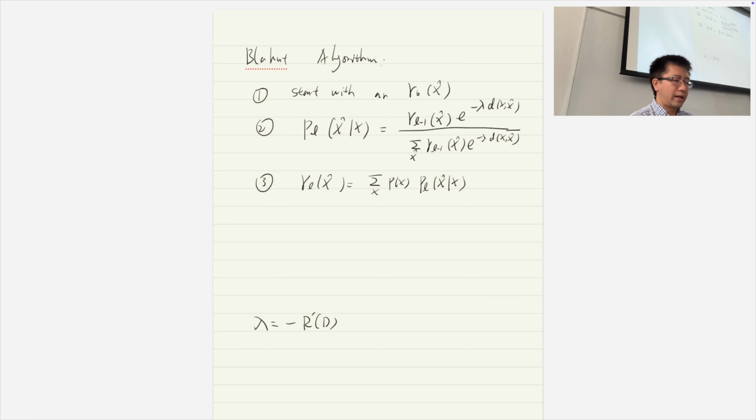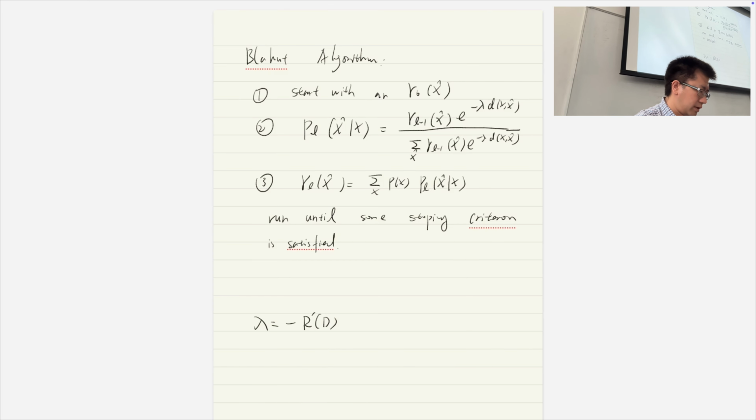And then we're going to run this algorithm until some criterion is satisfied. Normally, we run that until something doesn't change anymore, until some stopping criterion is satisfied.